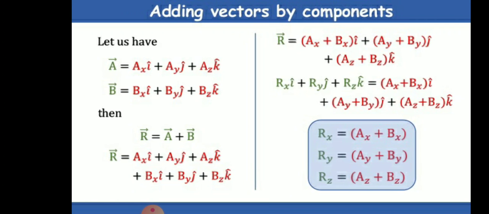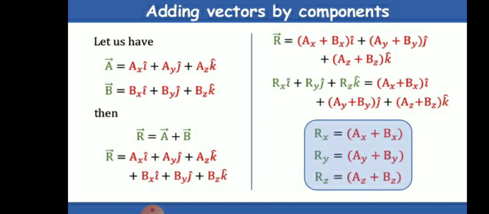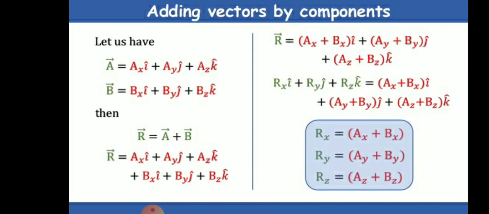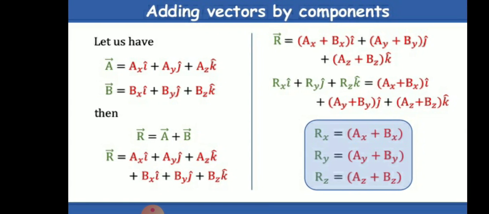So vector r is equal to rx i cap plus ry j cap plus rz k cap. Here rx is equal to ax plus bx, ry is equal to ay plus by, rz is equal to az plus bz. This is how we can add the vectors by its components.